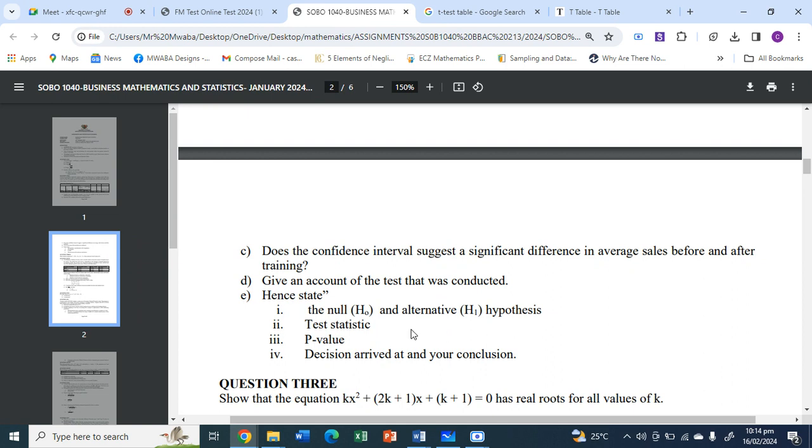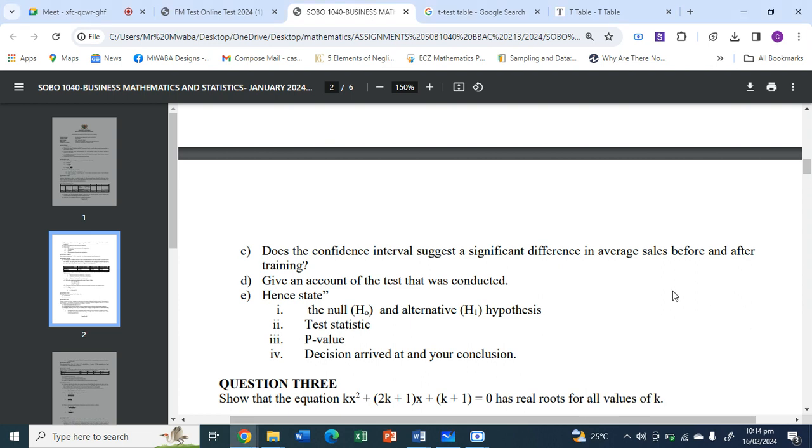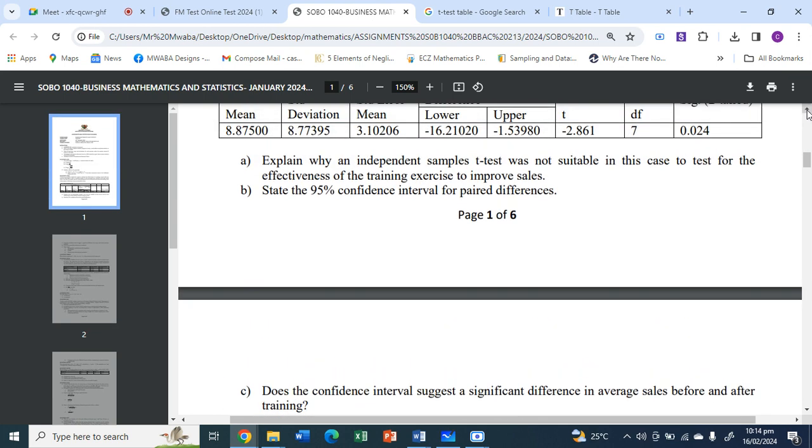So before we make our decision, let's go through the three conditions. Number one, we saw the confidence interval does not include a zero, so it's suggesting there's evidence that this training was effective.